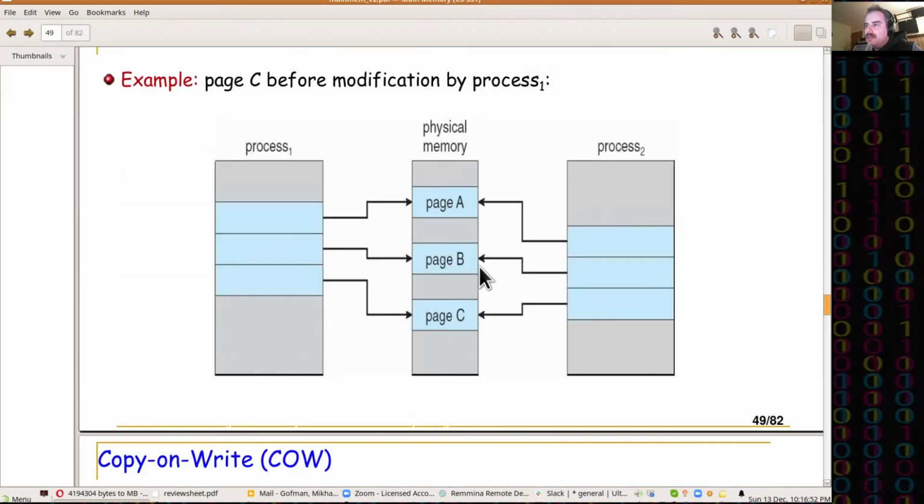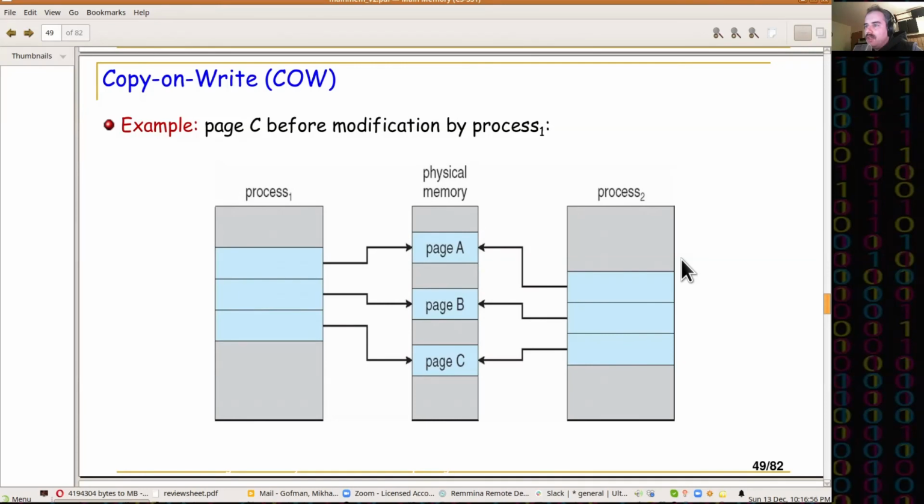This is what their page tables look like right after the fork. So when the parent forks the child, both of their memories are the same. So instead of making a copy of each physical frame of the parent and mapping it to the child, we will delay doing so until one of the processes modifies one of the frames.